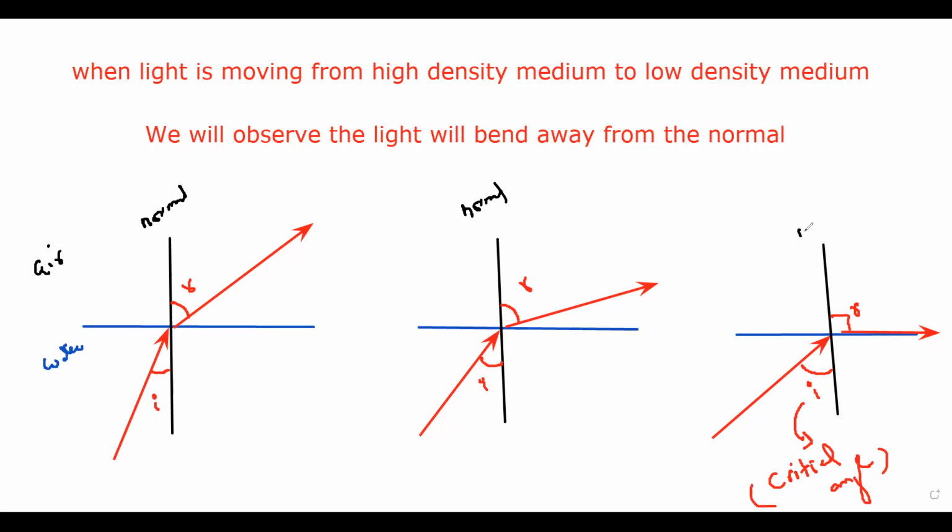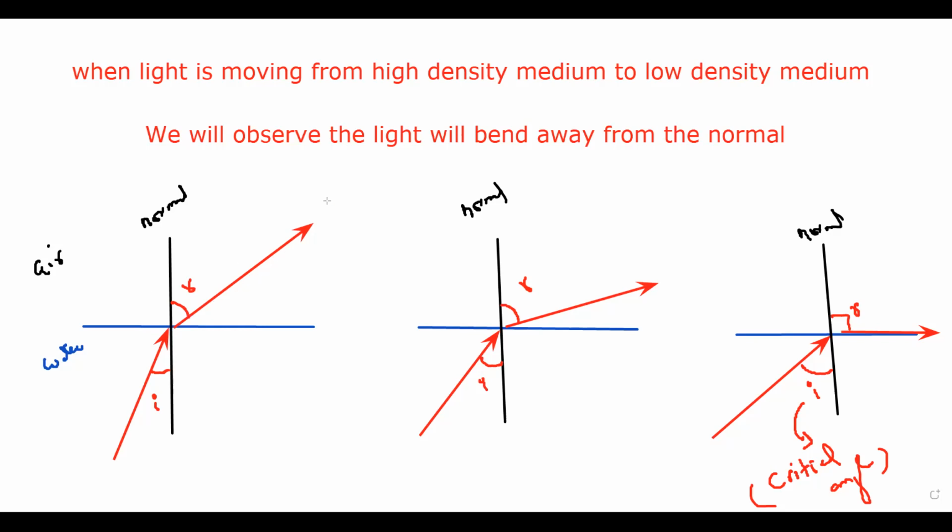Is it clear? So when we are increasing the angle of incidence, the angle of refraction is increasing. So there is a certain angle at which the angle of refraction is 90. We call that the critical angle. And what happens when the light is moving from a high density to a low density medium?